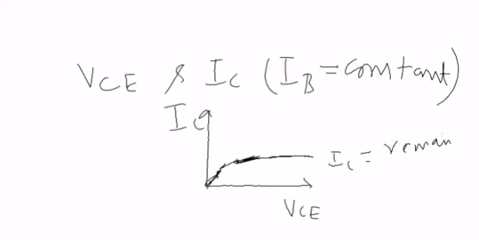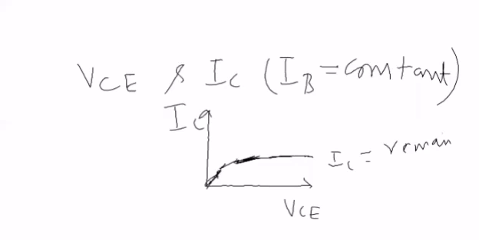So at first IC increases with VCE, but after a certain level IC is independent of VCE.